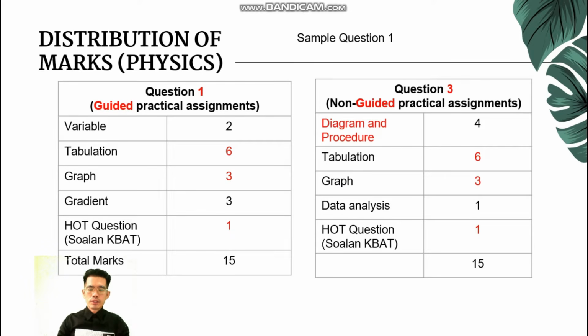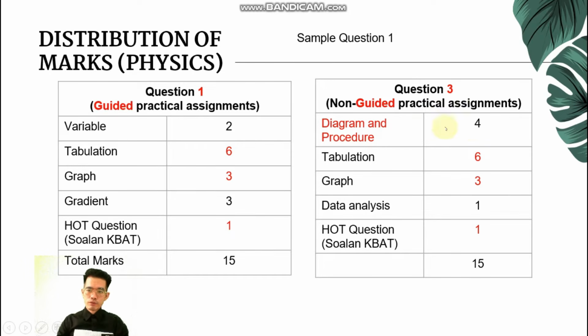Okay, so next will be the distribution mark for question number 3. Question number 3 will be the non-guided practical assignment question. As mentioned, for this type of question, no procedure will be provided for the candidate. So the candidate has to plan the experiment based on the apparatus and material listed in the checklist.